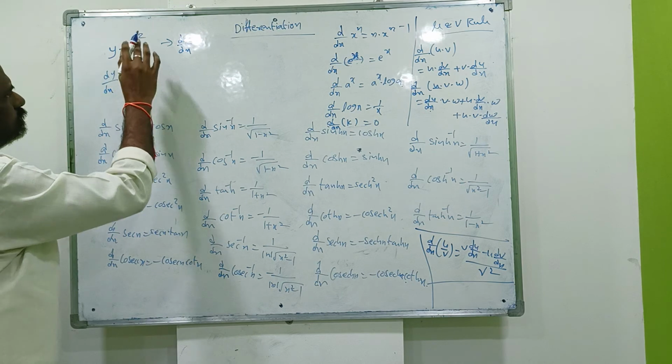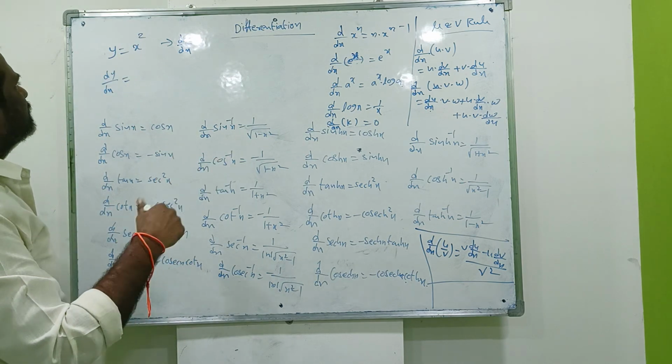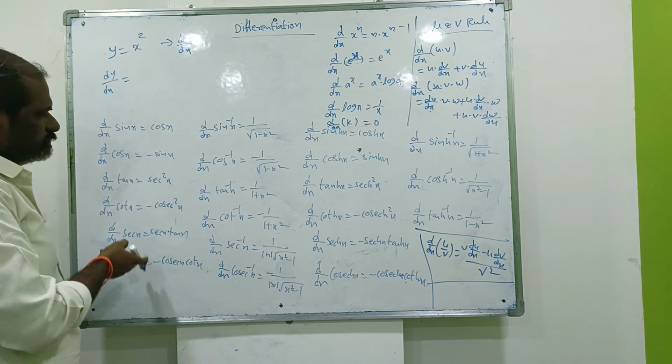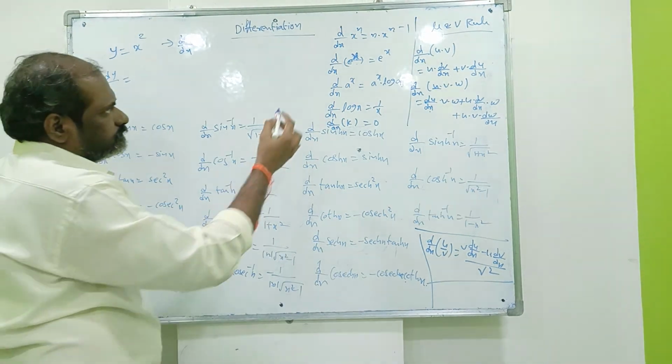X power 2. So x power 2, we can apply the x power formula. Where do we get that in the formulas? ఈ ఫార్ములాలో మనం x పవర్ అని యూజ్ చేసే టర్మ్ ఎక్కడ?